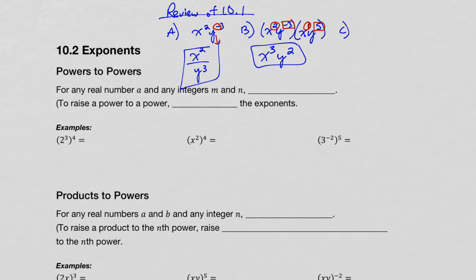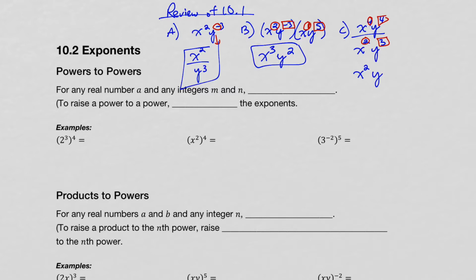And then we had another version, which was something like this, and it's the quotient rule, because there's the quotient here, which is division. And so the shortcut of that was to subtract the exponents. So it'll be 4 minus 2 is 2, and y is going to be 4 minus 3 is 1.